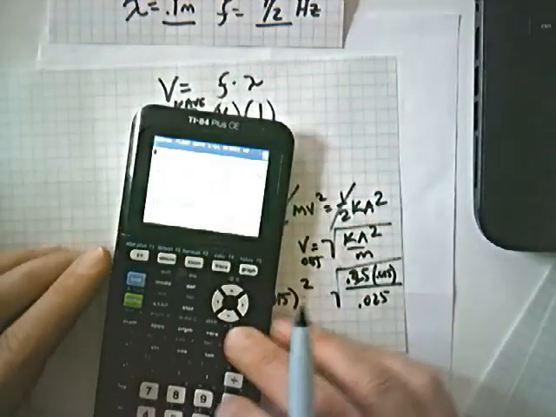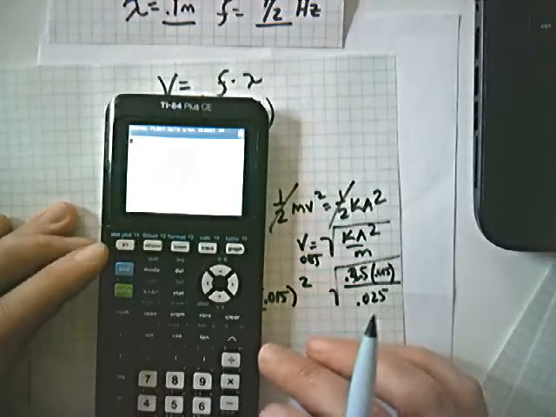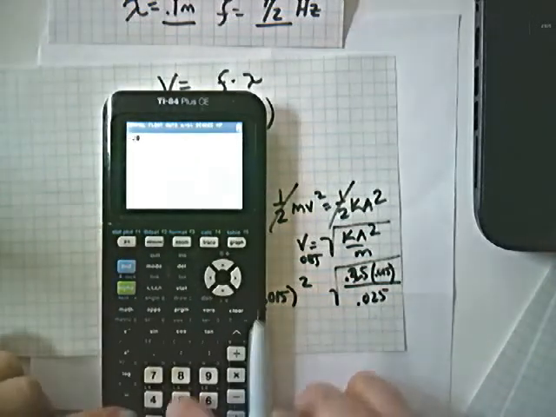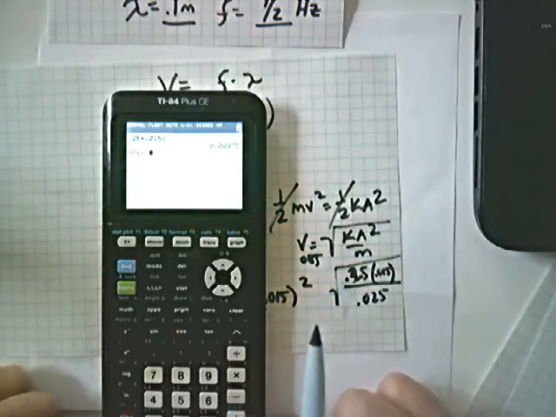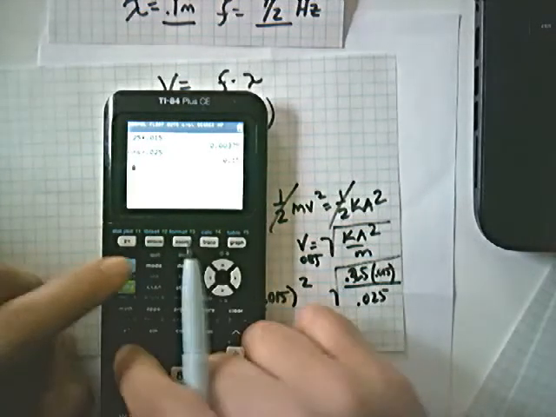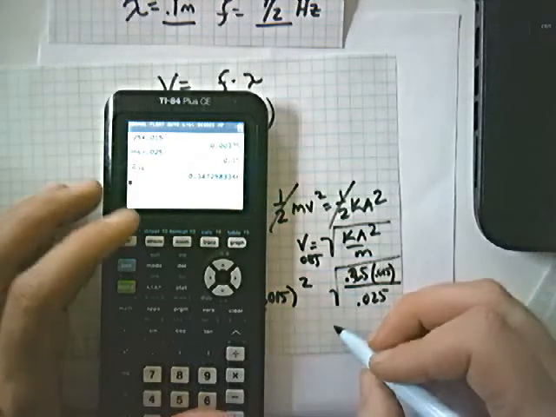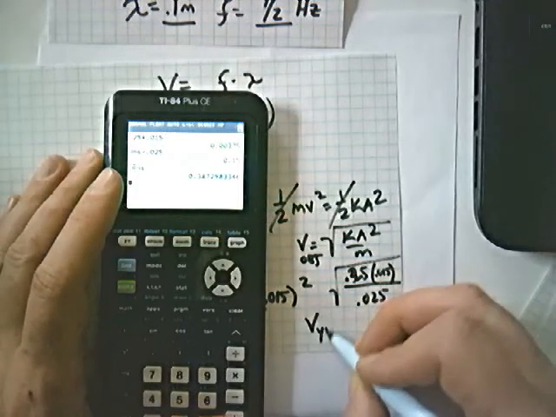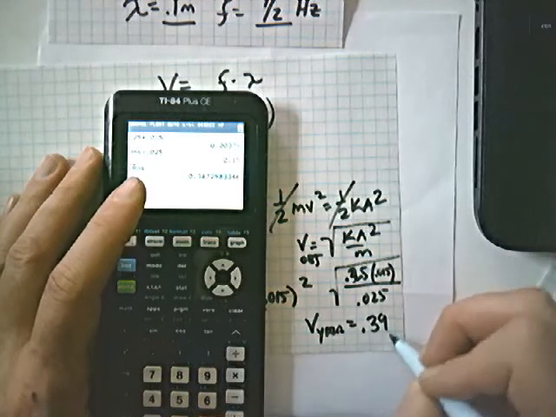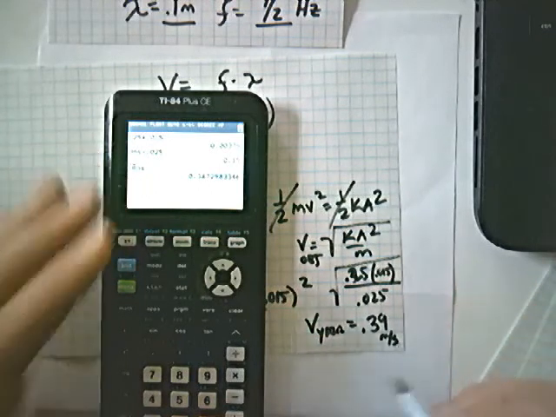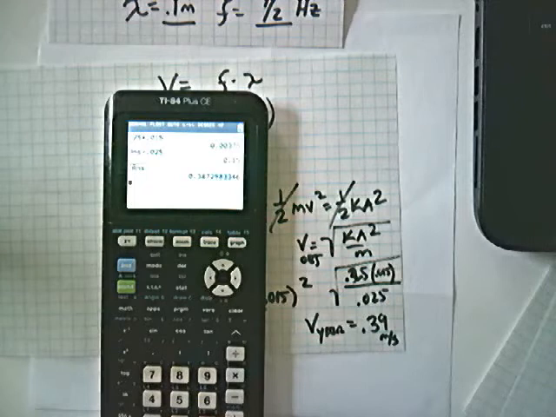So this should tell me how fast in meters per second, at a maximum, it moves vertically. Okay, I'm coming up with a velocity in the y direction of the object of 0.39 meters per second. That's 39 centimeters per second at a max.